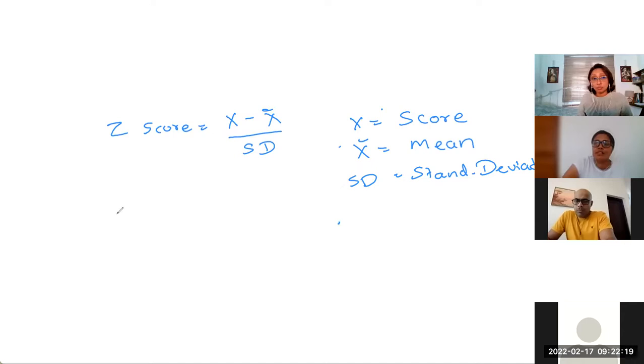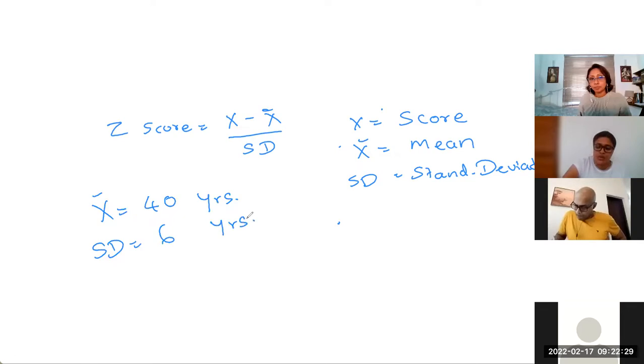So we have the mean is 40, SD is 6. Now we have to find the standardized score, or the Z score, of a 32-year-old. Where does he fall in the grand scheme of things?